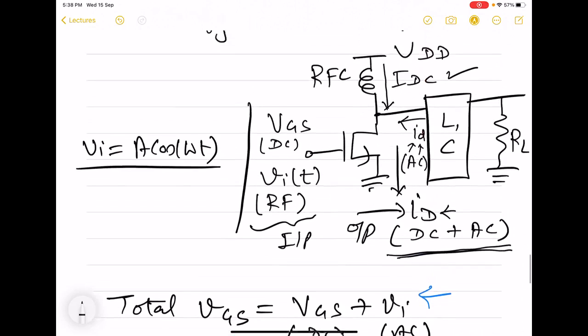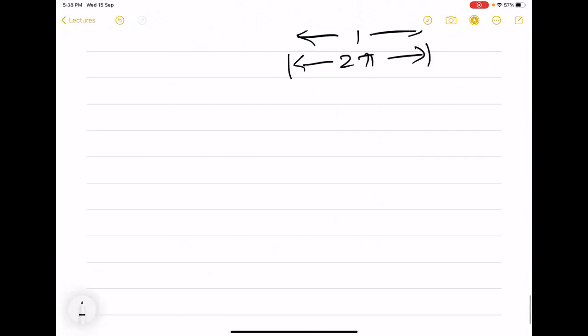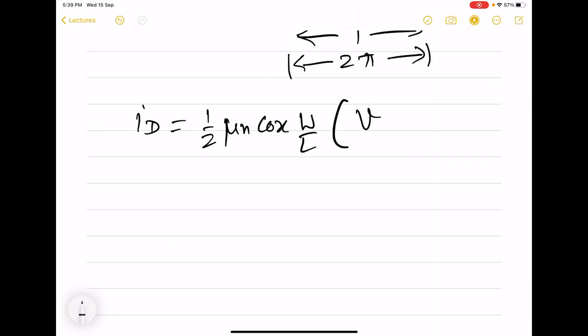So for this MOS, we know that the drain current is given by this equation. Total drain current is equal to 1 by 2 mu n COX W by L total (VGS minus VTH) whole square. This is the equation valid in saturation.